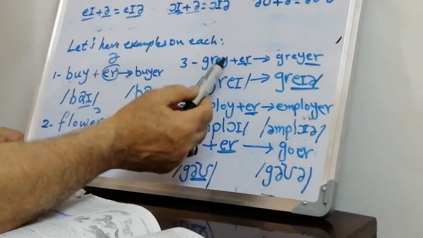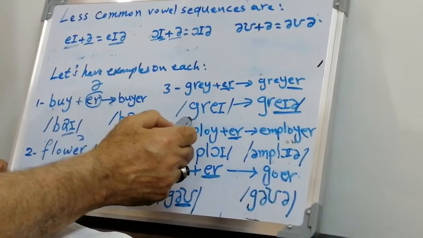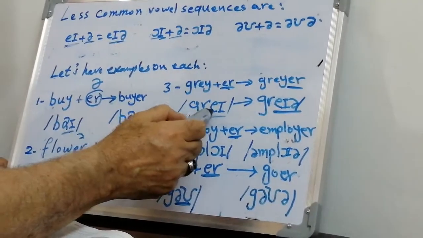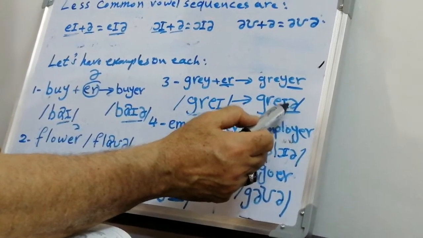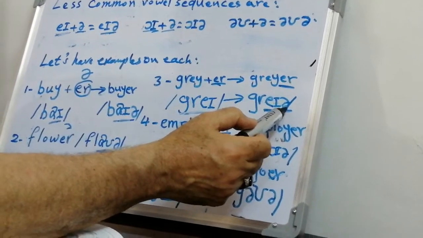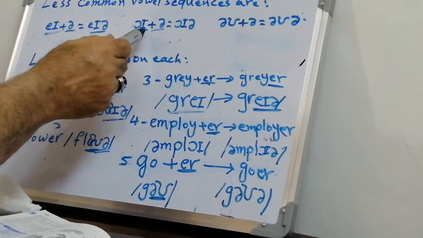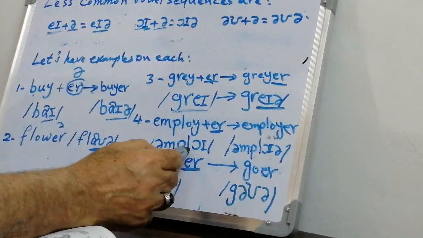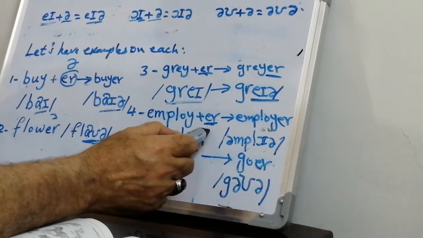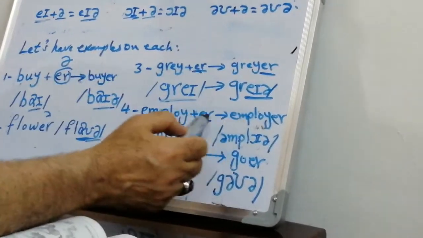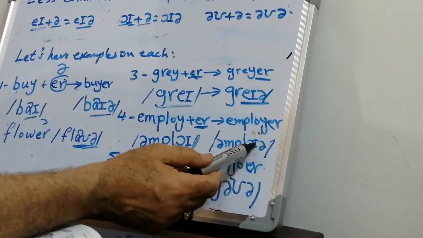The less common are represented in this one, which is "ay", as in "gray". Then "er" is represented as schwa, so we say "grayer". Also, we have "oi" plus a schwa, which becomes "oya", as in "employ". When I add "er" to employ, it becomes "employer".